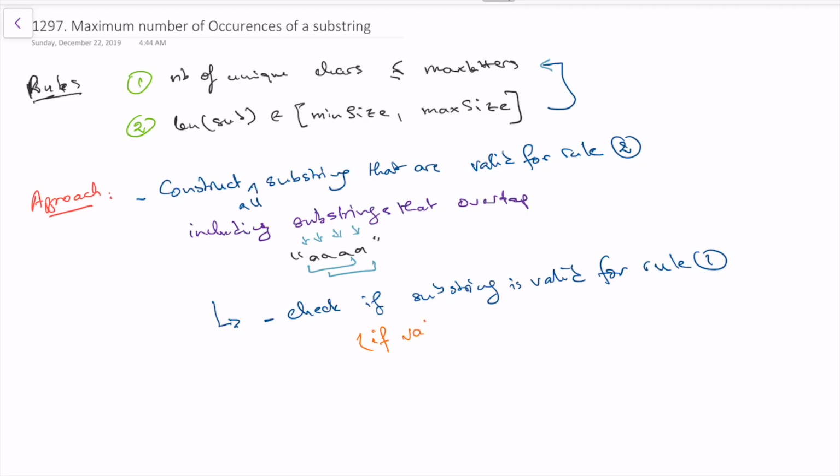If valid, it's a candidate solution, basically. And so how can we keep track of the candidates so that we can get the maximum number of occurrences of a substring?